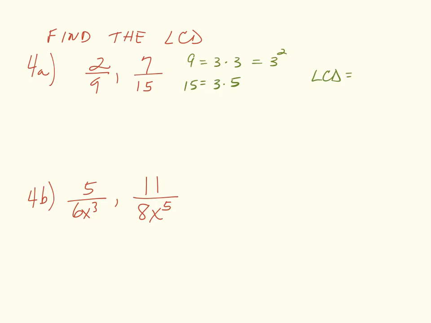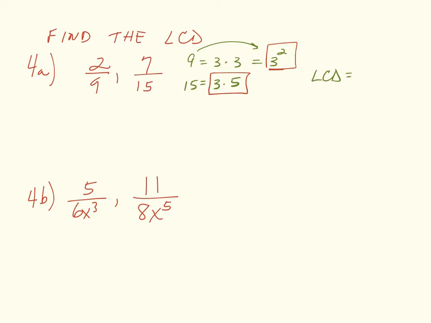So let me tell you what I do. Look at these prime factorizations here. 3 squared and then 3 times 5. What different factors do you see here? So 9 has 2 factors of 3. 15 has 1 factor of 3 and 1 factor of 5.